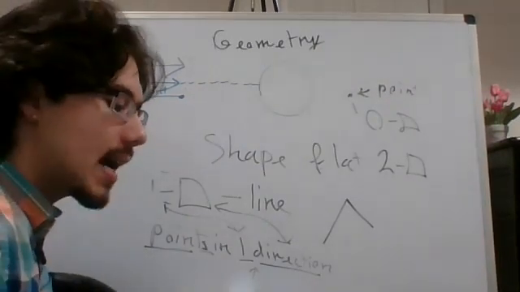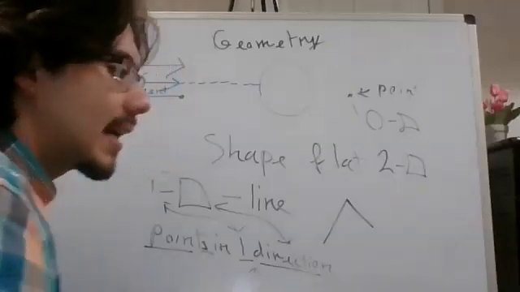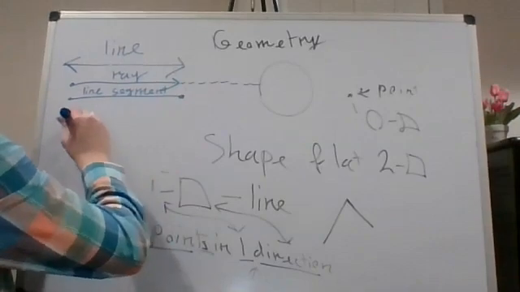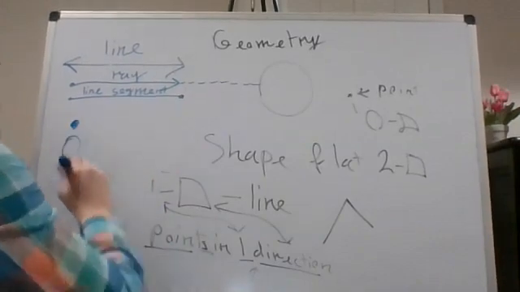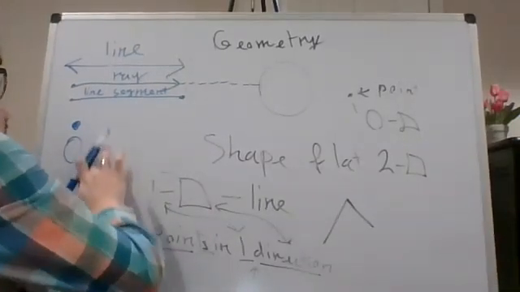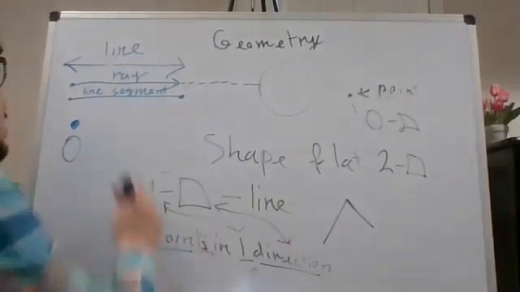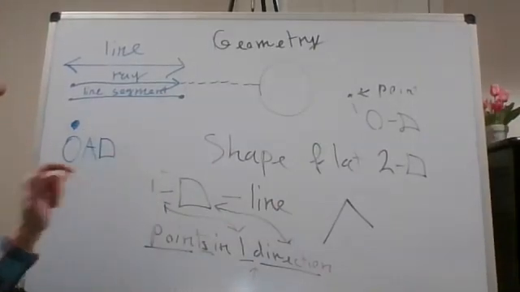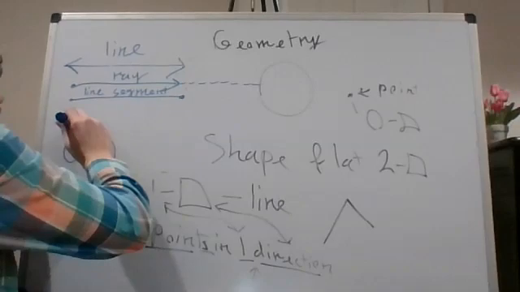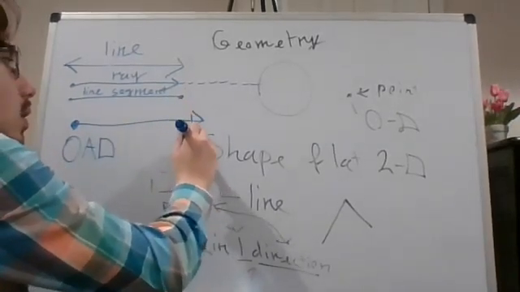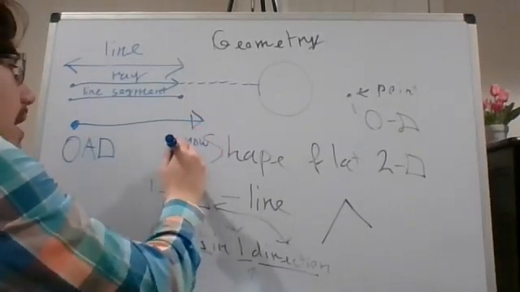If you ever looked at a timeline for history, you would say that history started at 0 AD, because that's how we measure our years. And we say that this was 2,000 years ago. So our modern timeline goes to now, which is 2000 AD.